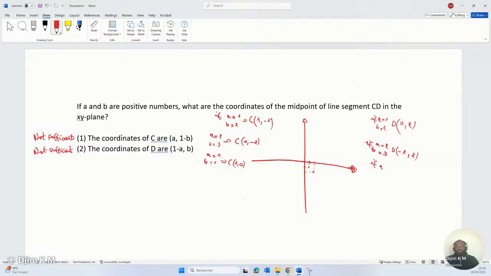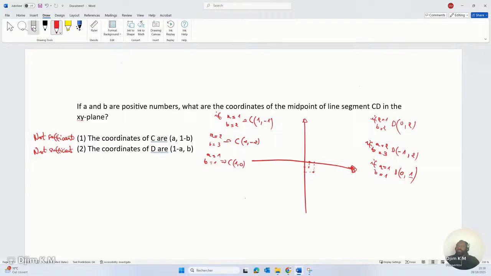If A is equal to 1 and B is equal to 1, D will be 0, 1. But based on the second condition alone, we do not have any information about the coordinates of C.